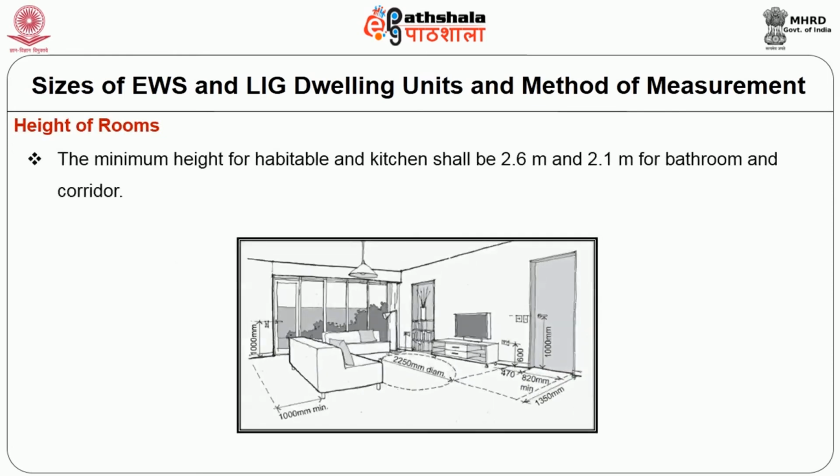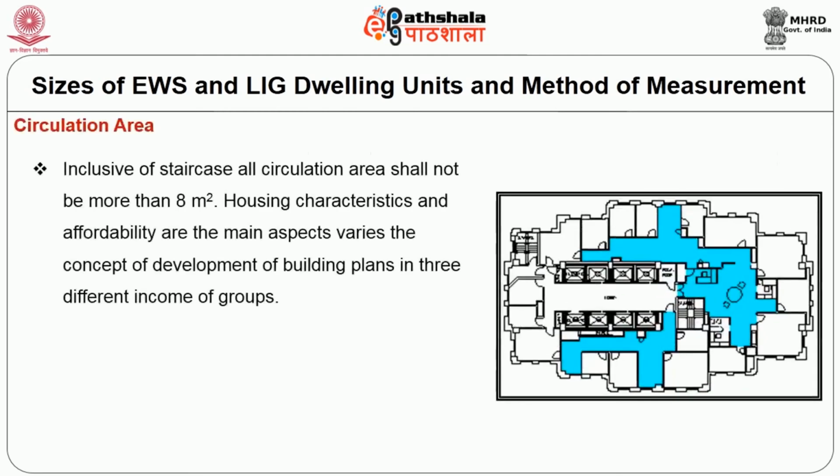Height of rooms. The minimum height of the habitable room and kitchen shall be 2.6 meters, and 2.1 meters for bathroom and corridor. Circulation area, inclusive of staircase, shall not be more than 8 meter square.